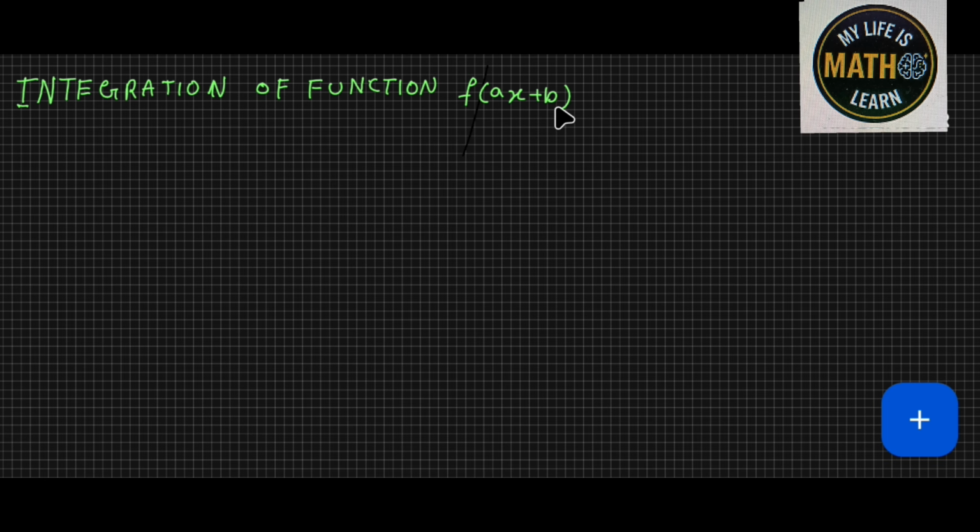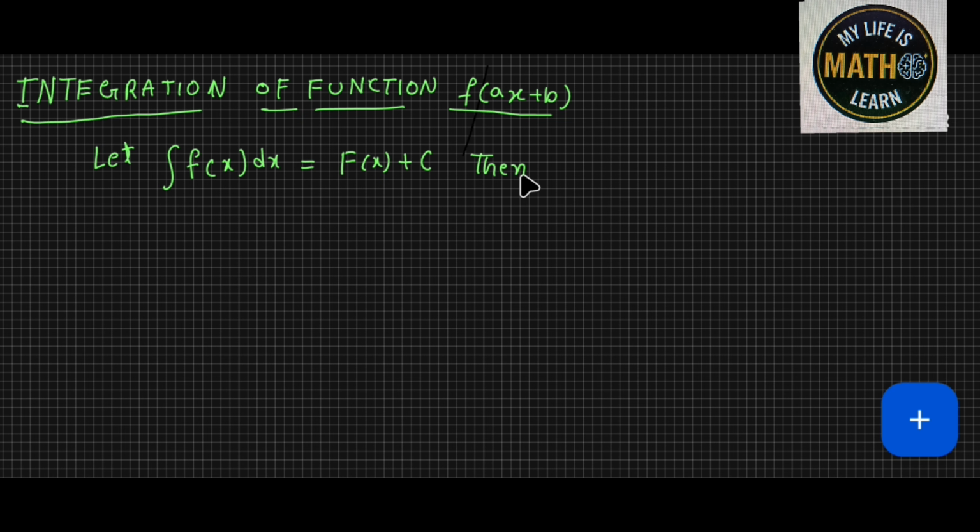Today, integration part 2: integration of the function f of ax plus b. How can we do integration of f of ax plus b? Let the integral of f of x dx be equal to capital F of x plus c.